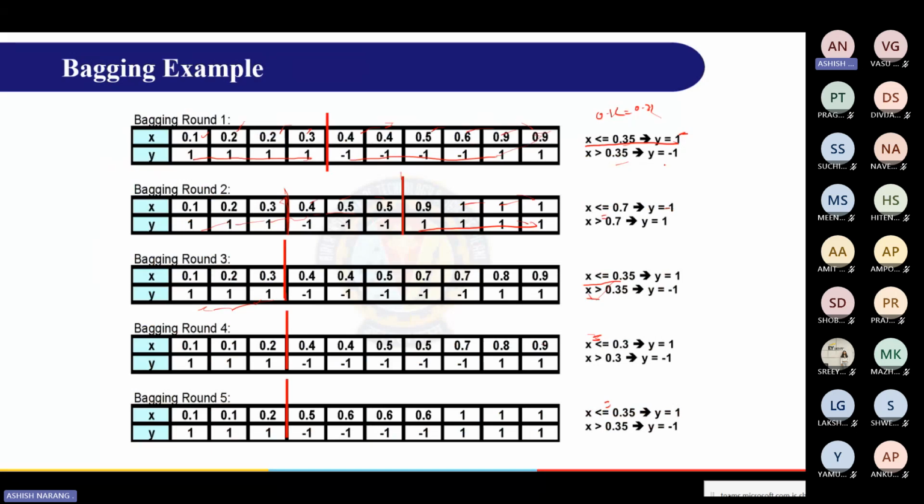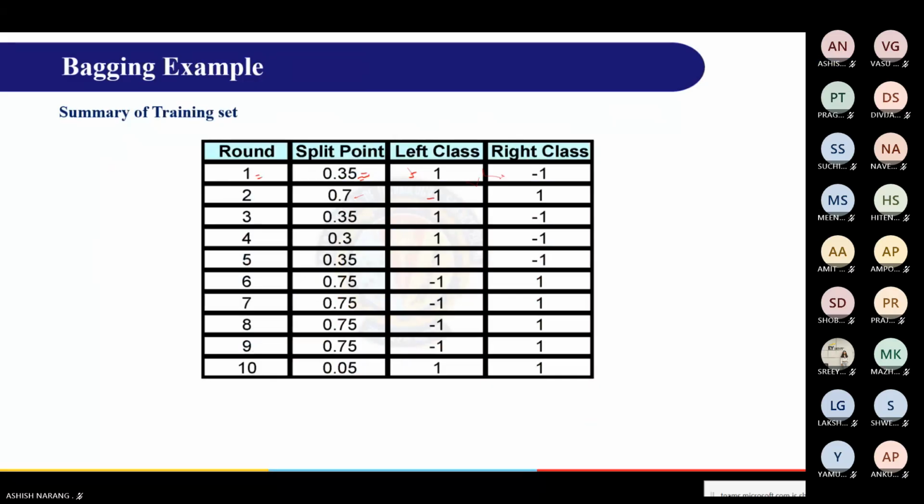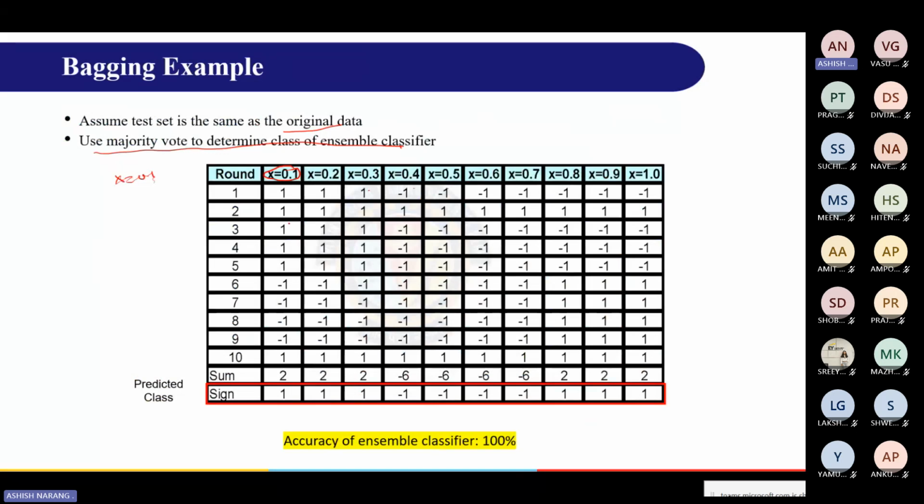The reason is, there are 4 records here which are 1, so this is quite straightforward. But on the other side there are 3 records belonging to 1 and another 3 belonging to -1. It's a kind of random guess. It could be 1, it could be -1. So we are taking it as 1, so let us put both as 1. All ones are coming.